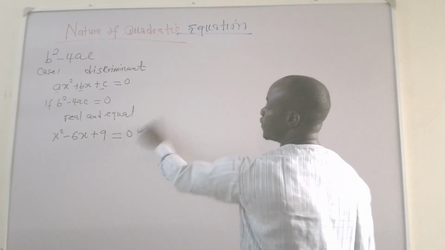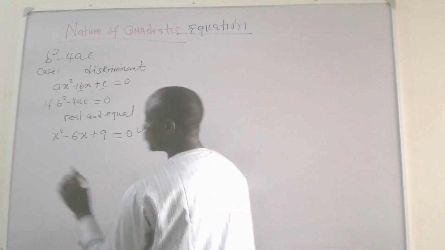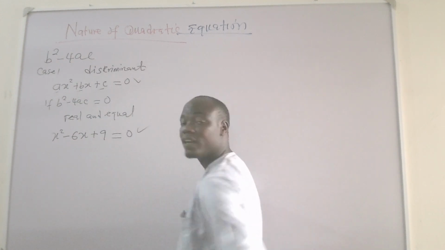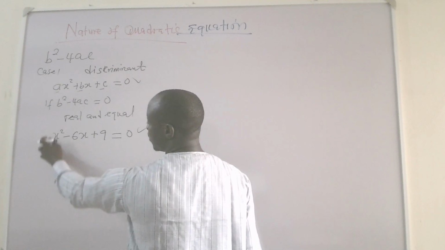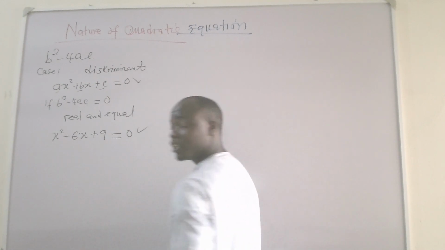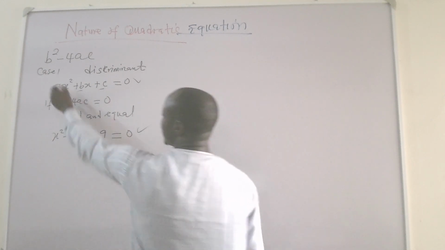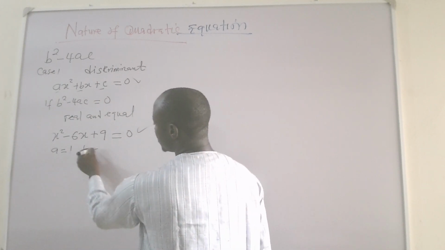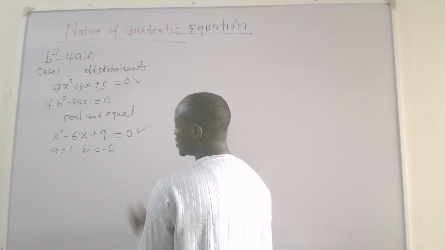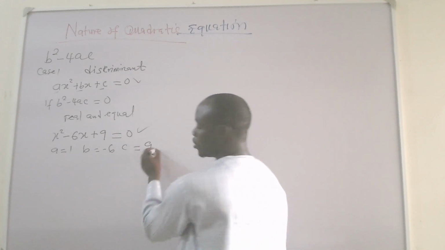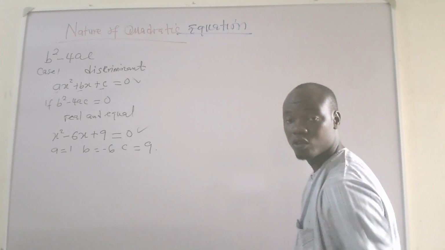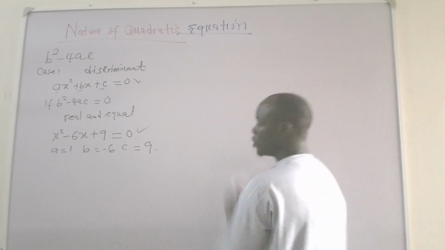By comparing with the general quadratic equation, since we have nothing in front of x squared, the coefficient of x squared is 1. So our a is 1, our b is minus 6, and our c is 9. Now we are going to input these values.